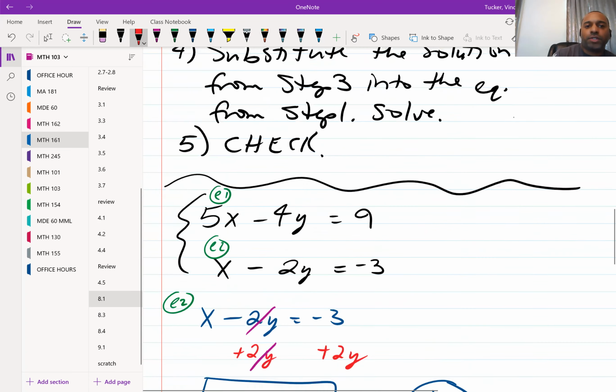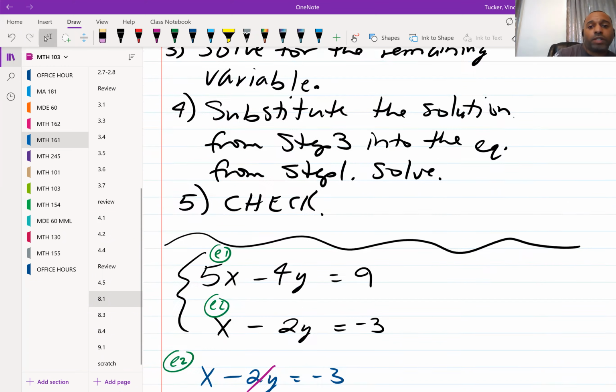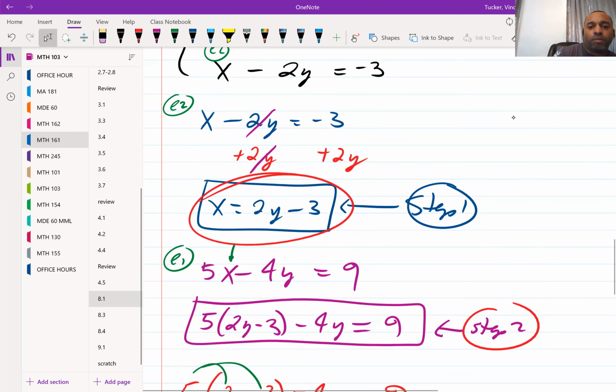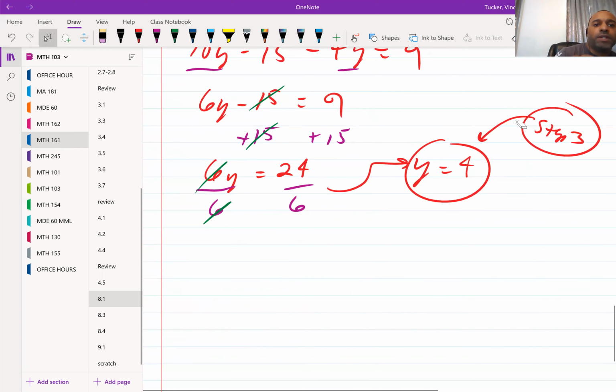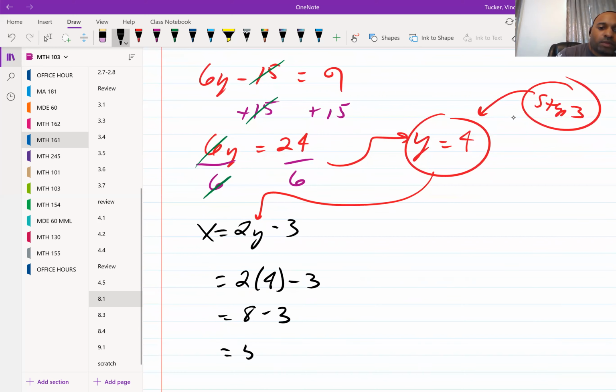And step 4 should be, we're going to substitute what we have for step 3 back into the equation from step 1. So this is step 1. X equal to 2y minus 3. And now y is 4. And that's 5.